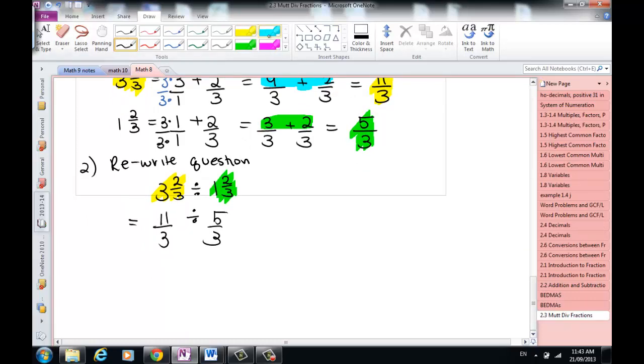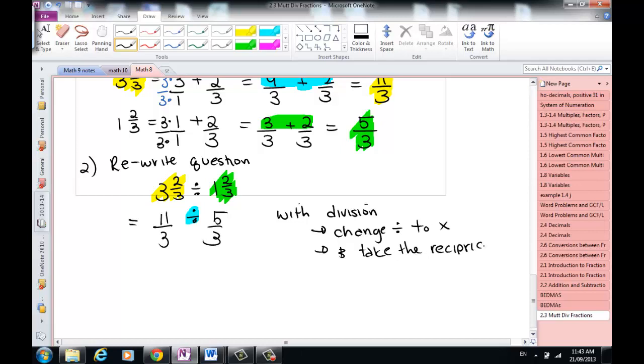So with division, we change the division to a multiplication symbol and take the reciprocal. And we're taking the reciprocal of the second fraction. Just as a reminder here.